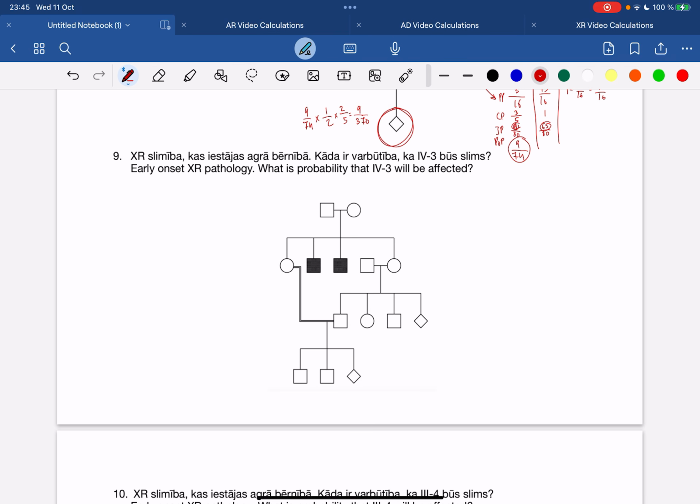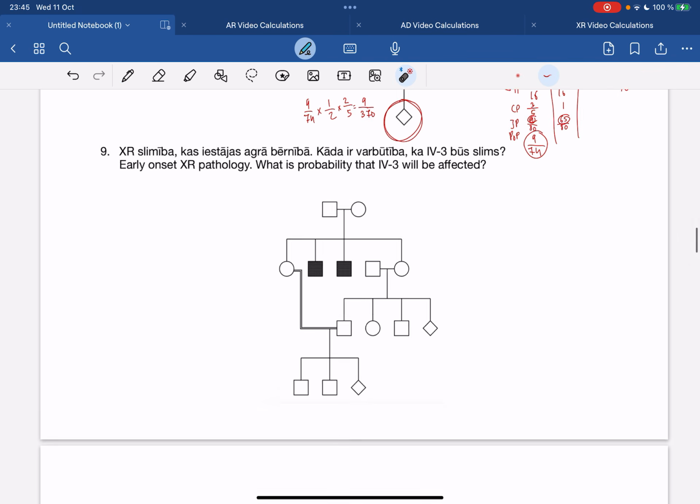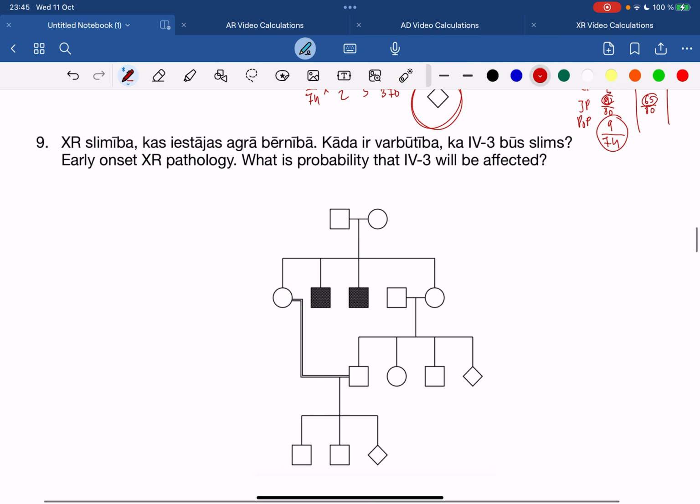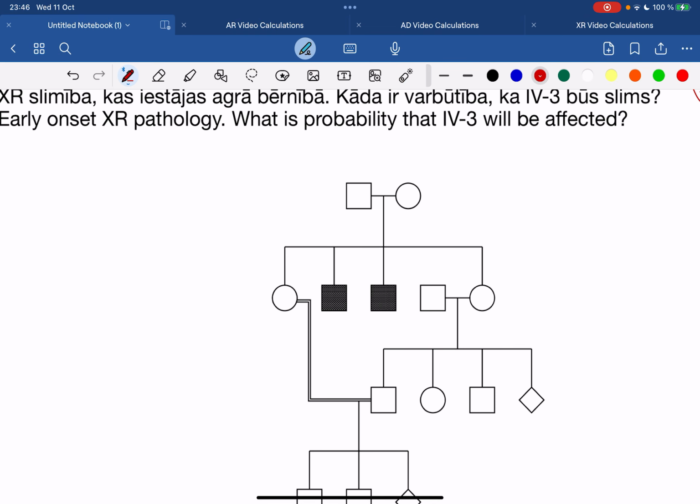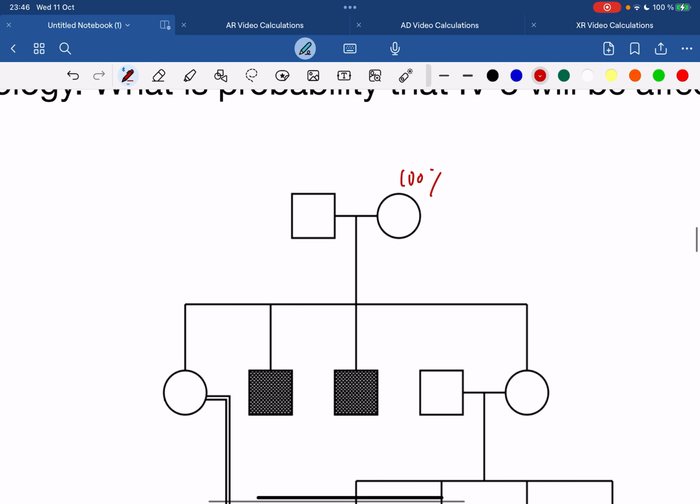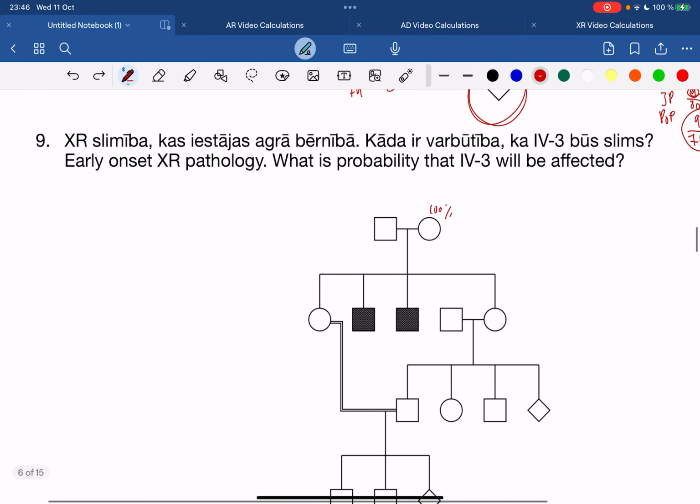Remember, with XR, it's not lethal, we're not doing Haldane's law here, but we can immediately assume that if these two kids are affected, this mother is 100% a carrier. Why? Because her husband cannot be giving his sick X to the children, nor is he himself sick. So we know that.